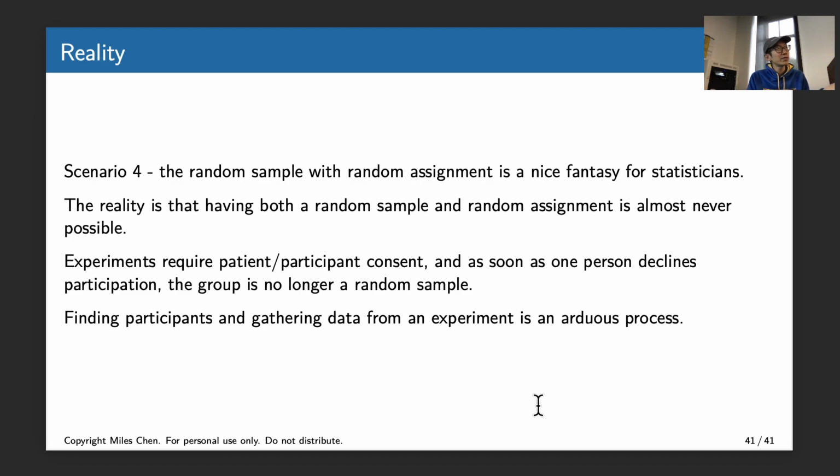The only real difference between them is that one was randomly assigned treatment and the other control, and therefore any difference we observe is because this one was treatment and this one was control. So random assignment, you can draw cause and effect conclusions. Random sampling, you can generalize to the population.